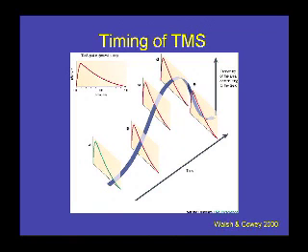Whereas later on, if you've got relatively high probability of the area being involved and you've got a reasonably high intensity of TMS, then you are quite likely to get an effect. And this also shows that you can get an effect at different time points along the time window when an area is involved in a task. And this explains why the peak of an ERP doesn't always correspond with the times you can get an effect of TMS.